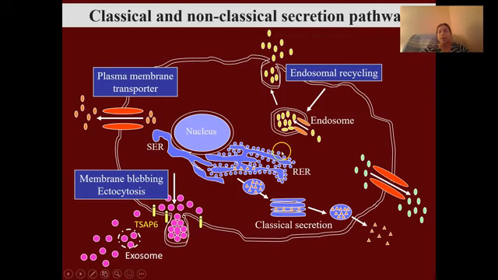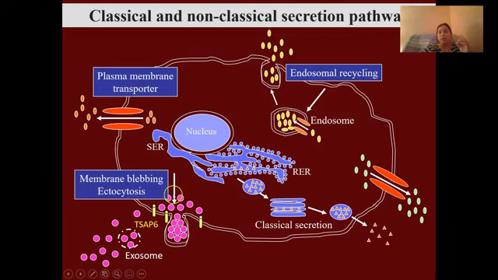Then you have the classical secretion pathway, which goes from your nucleus to the rough ER to these vesicles that merge with the Golgi complex on the cis side, modify these, and then at the trans side form another transport vesicle that merges with the plasma membrane and releases the contents outside.